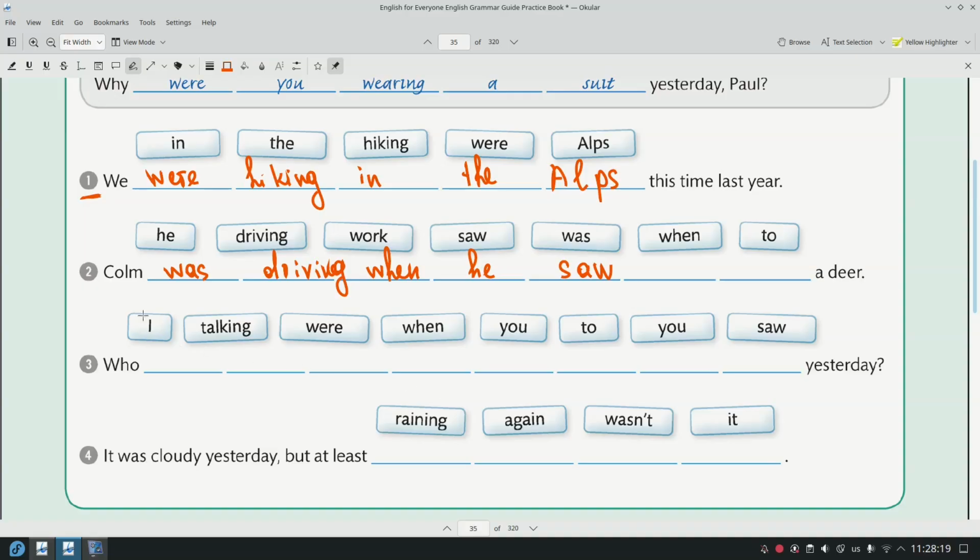Tom was driving to work when he saw a deer. Number 3.